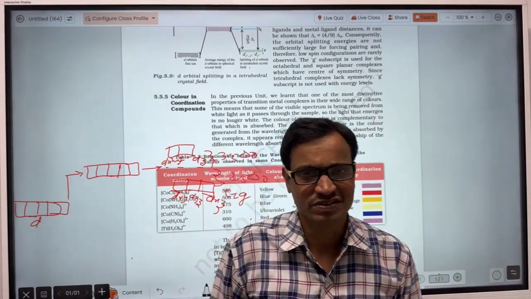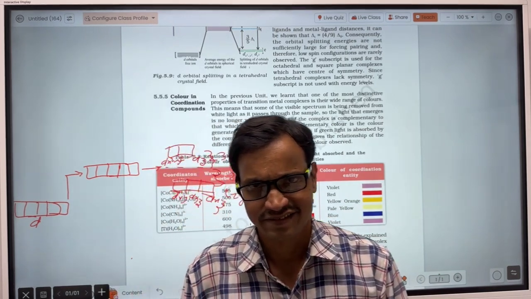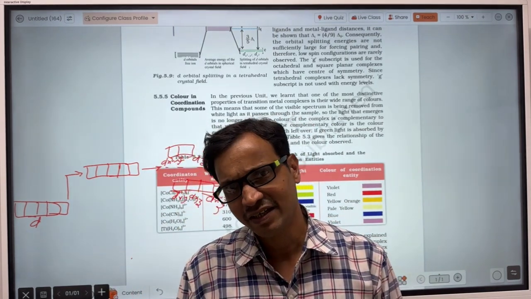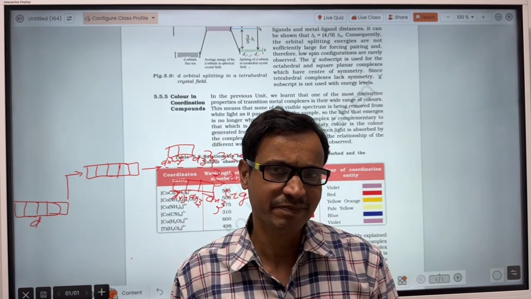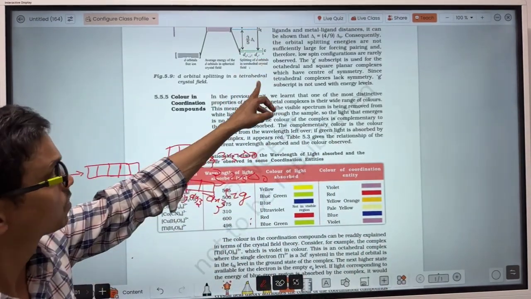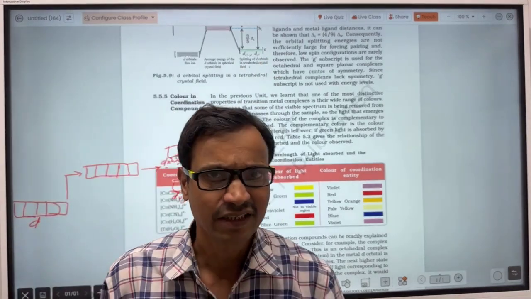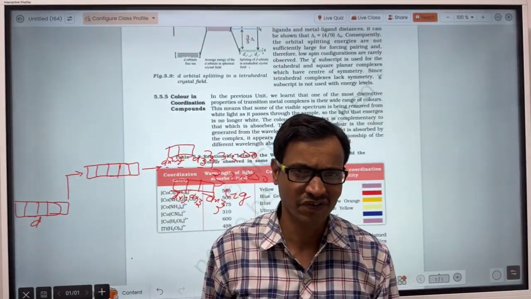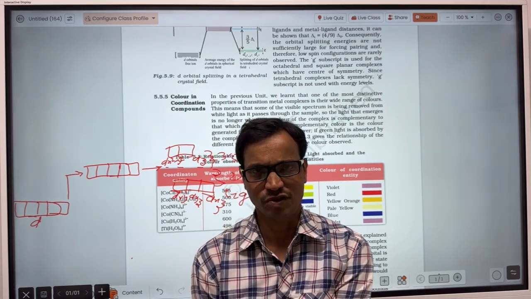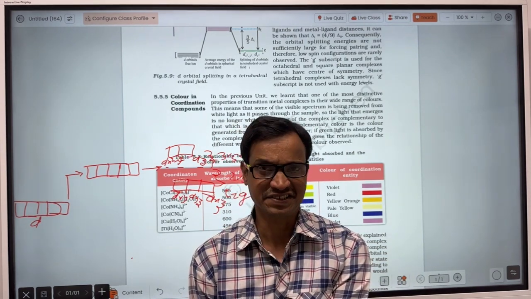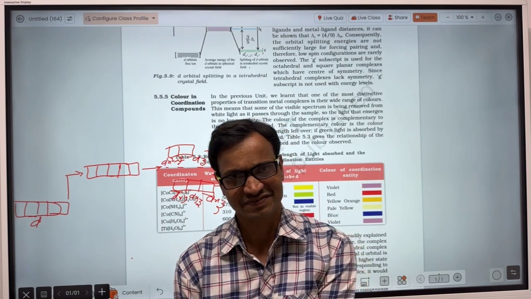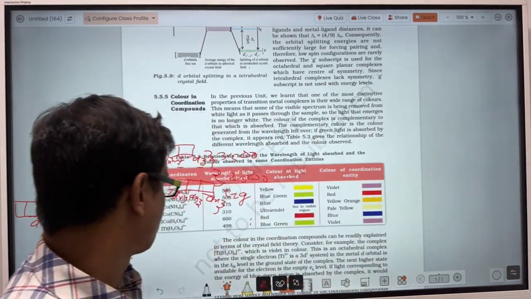When white light falls on the tetrahedral complex, then the electron present in the E energy level absorbs some magnitude of energy and jumps into the T2 energy level, and the remaining portion of energy radiates, which will fall in the form of light that appears as a particular color. Okay, so that is it.